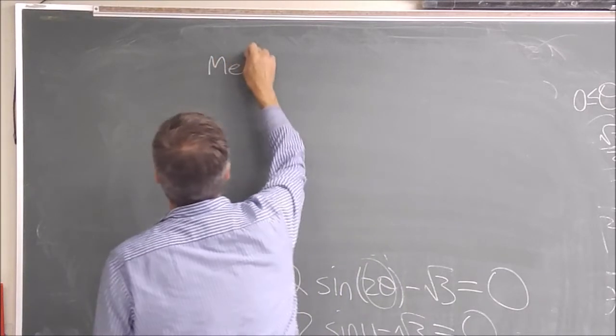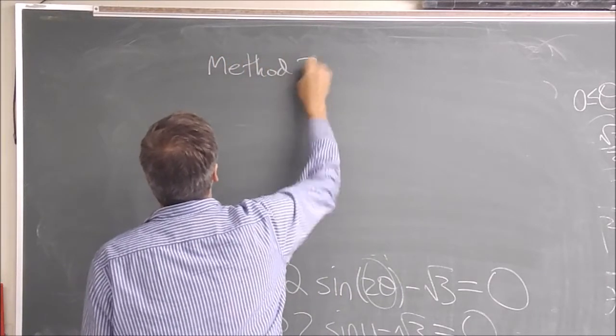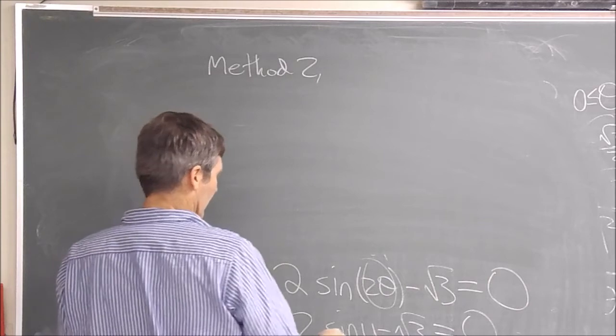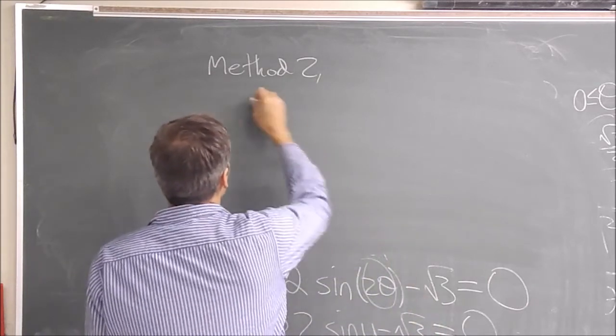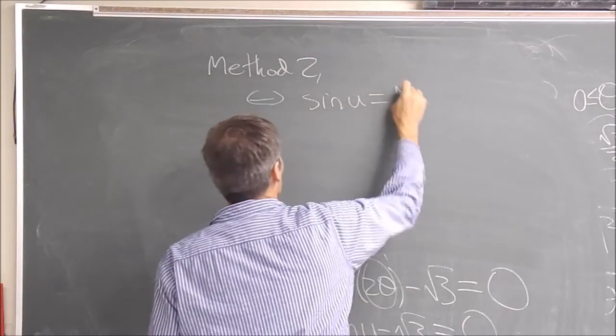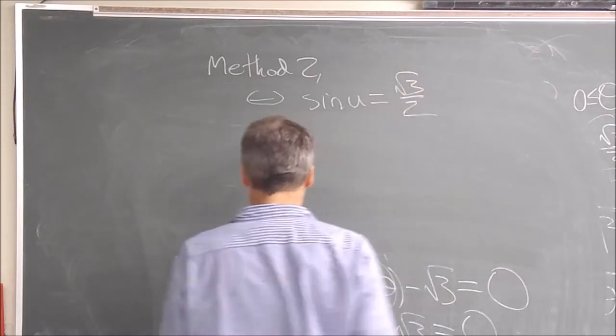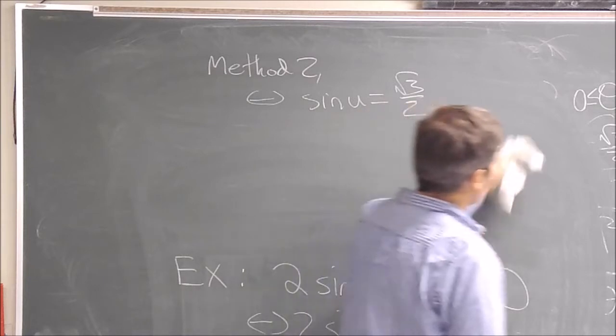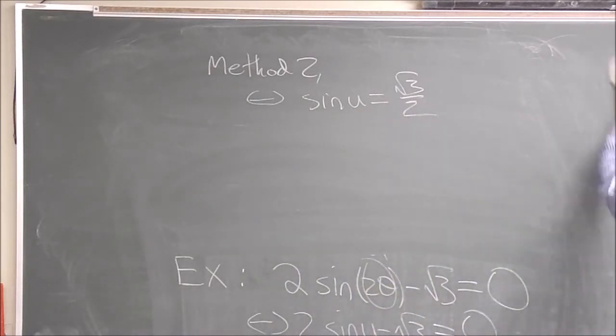On method 2, I'm now going to add square root 3 and divide by 2 and get equivalently sine u equals square root 3 over 2. Now suppose on this one I wanted to restrict theta between 0 and 2 pi.